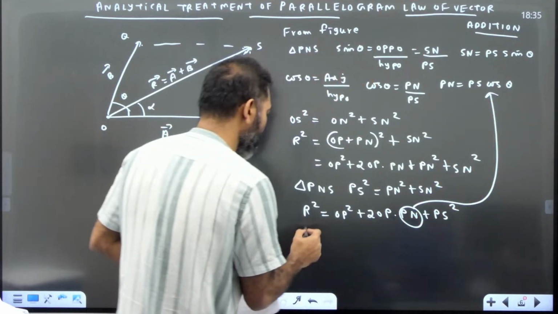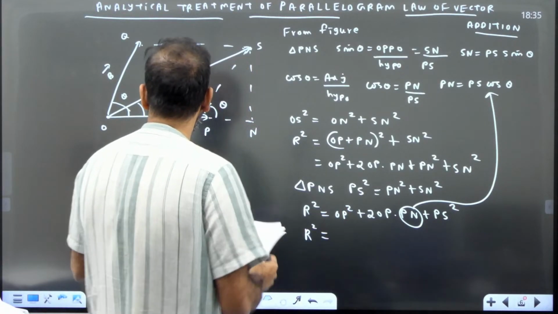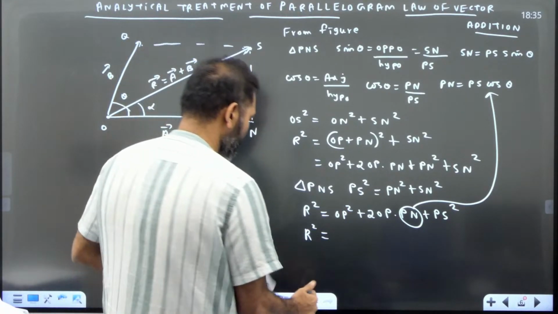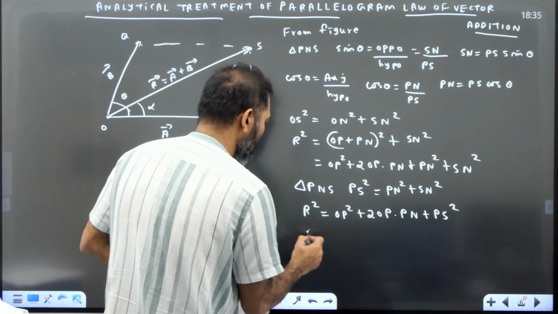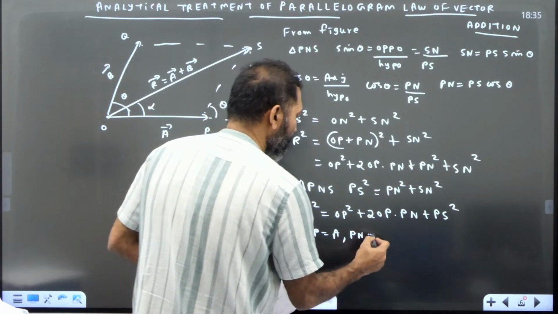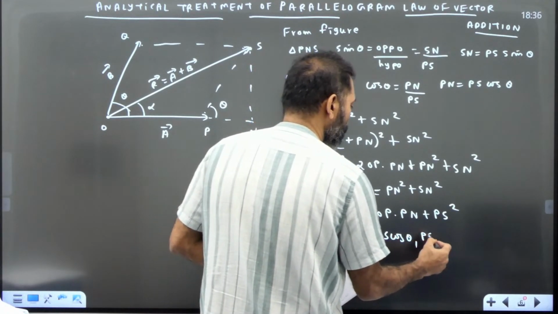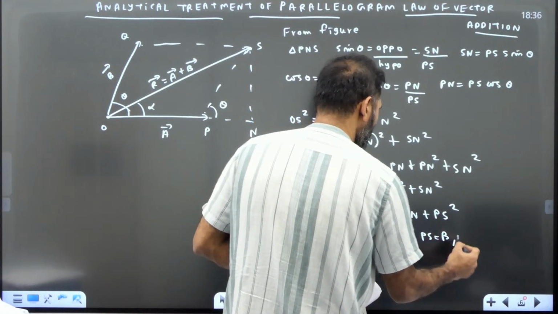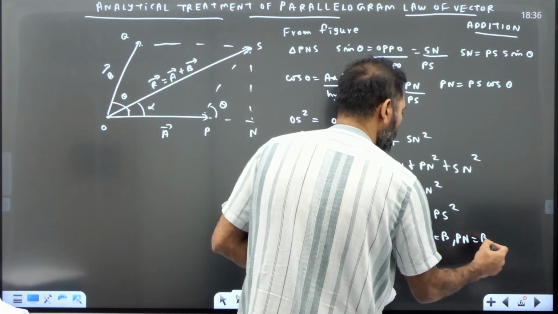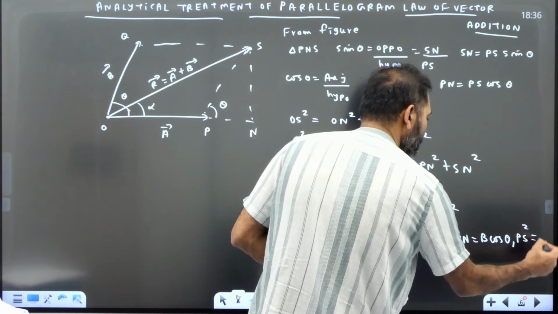Now in this equation, I already know that PN is equal to PS cos theta. So R square equal to, what is OP? OP equal to A. PN is equal to PS cos theta, PS equal to B. So PN is equal to B cos theta. PS square equal to B square.